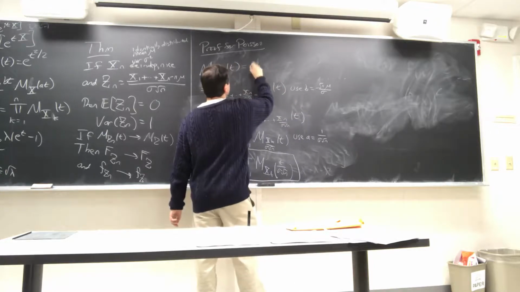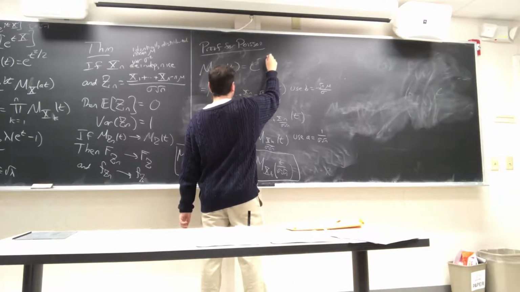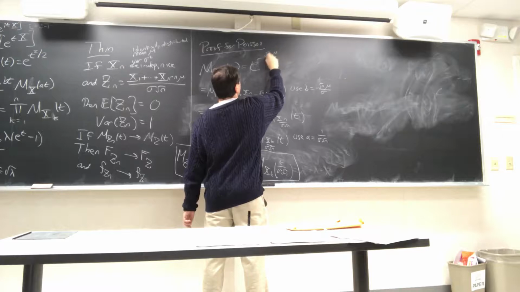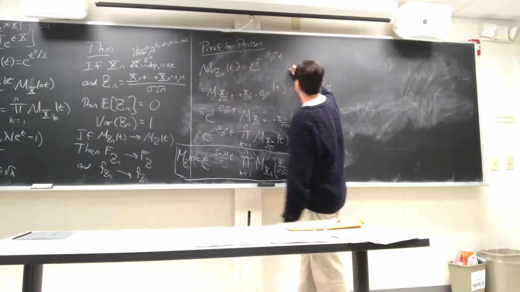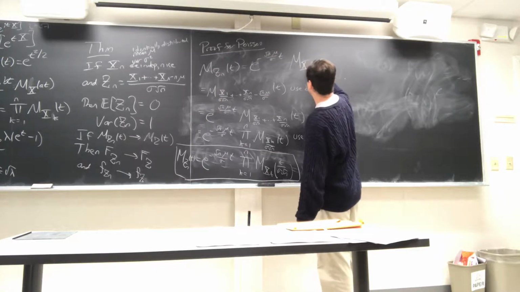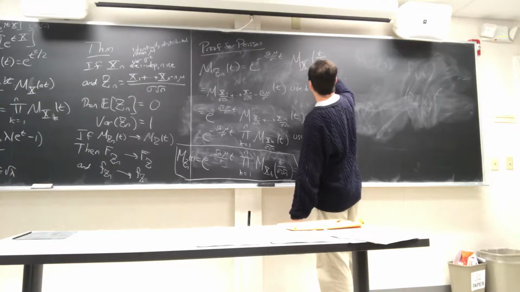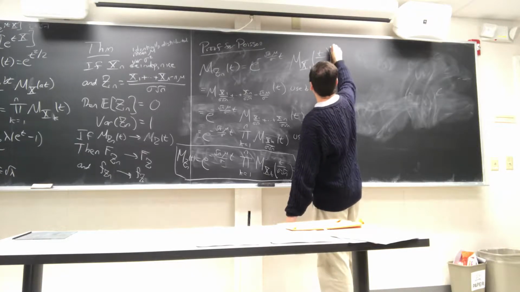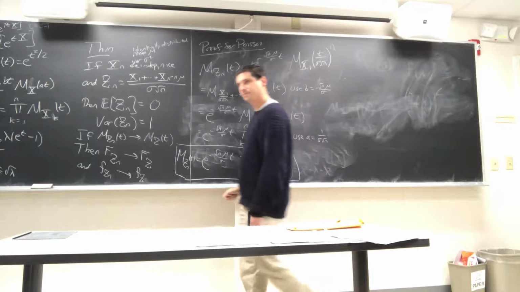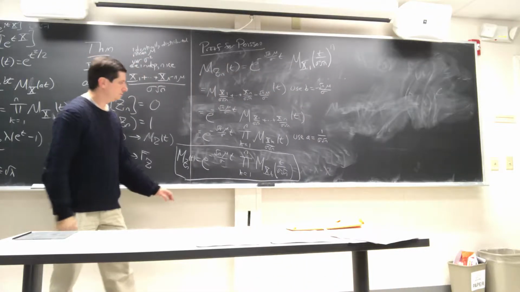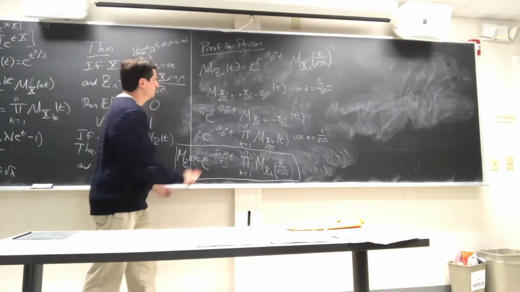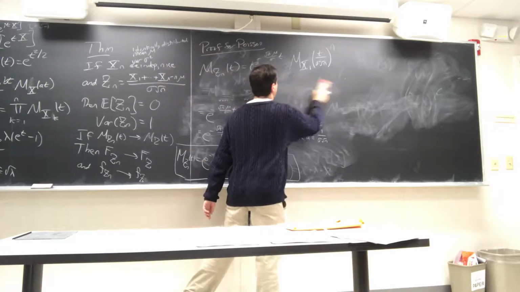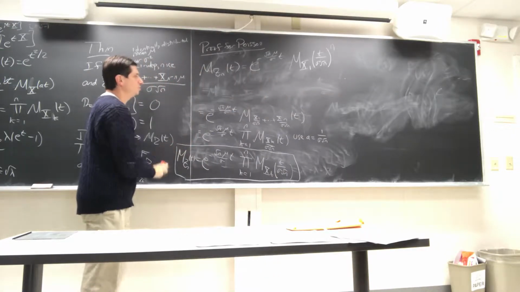So we'll get e to the negative square root of n mu over sigma t, and then we'll get the moment generating function of X1 at t over sigma square root of n raised to the nth power. All right. And that's going to be the expression we're going to want to look at.